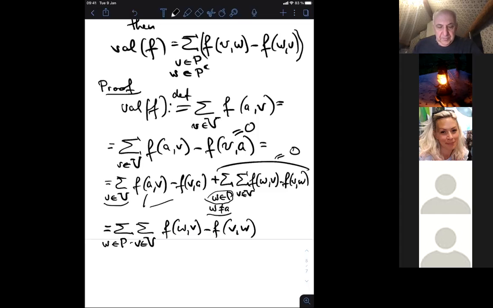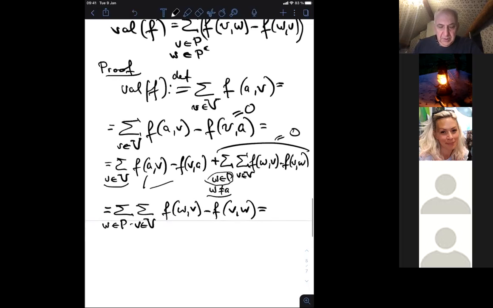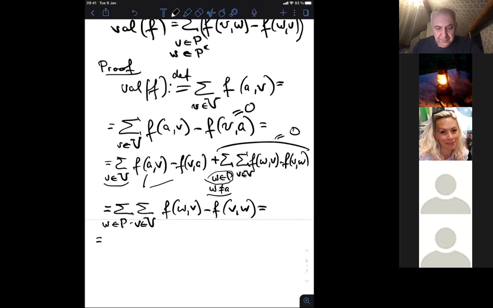Okay, and now we can regroup it in a different way. So summation over all W in P, V in P, plus summation over all W in P and V in P complement of f of WV.